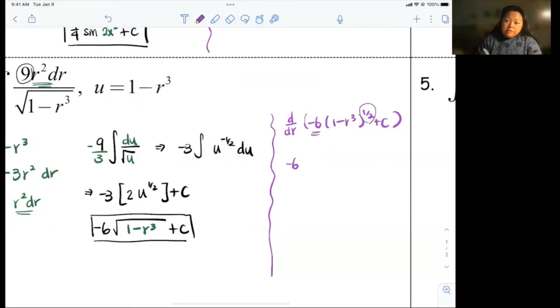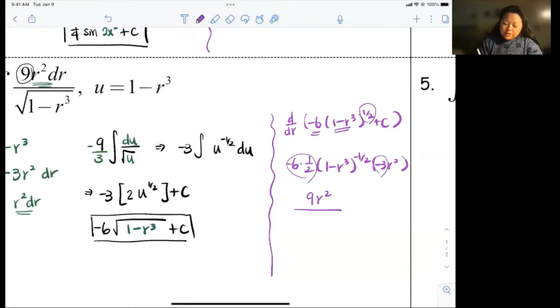Take the derivative of the outside, so 1/2, 1 minus r cubed to the negative 1/2. Now the inside piece, the derivative is negative 3r squared. I'm going to clean this up. Negative 6 times 1/2 is negative 3. Times the negative 3 is positive 9r squared. And then since this is negative 1/2, it goes downstairs, square root of 1 minus r cubed. And again, notice this is my integral to begin with.